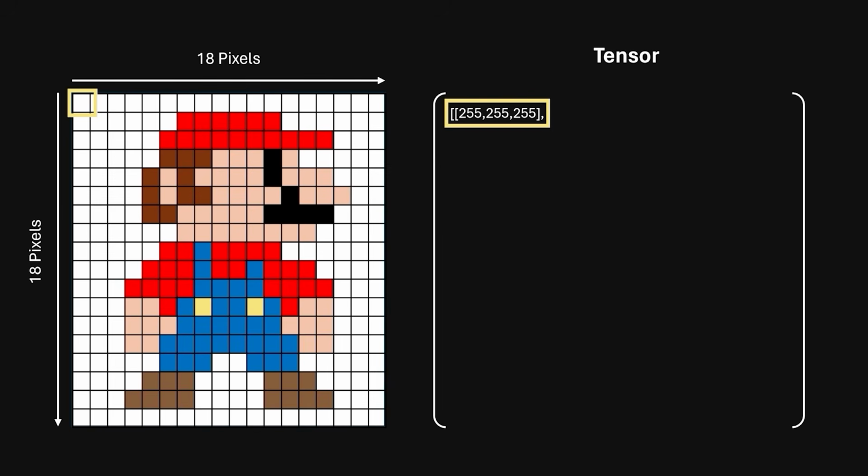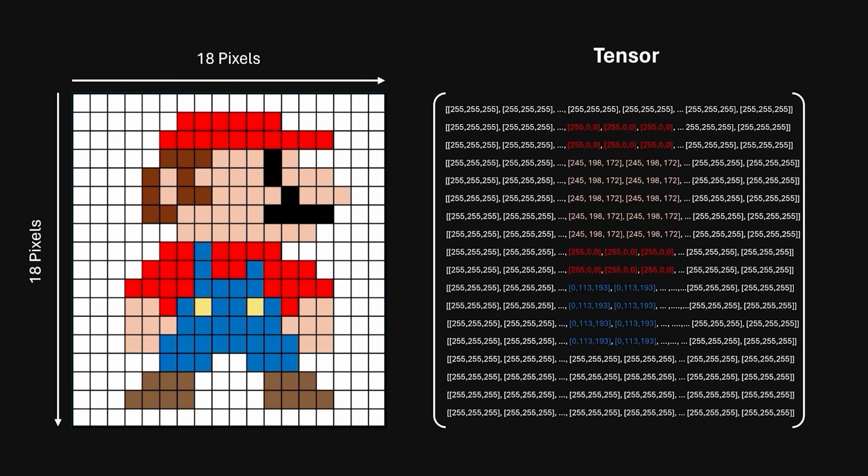For example, the first pixel is white, so the first value in the tensor is 3 times 255, which is the RGB code for white. The second pixel is again white, so again the same code. I'm not going to go over all 324 pixels, as I assume you get the picture.